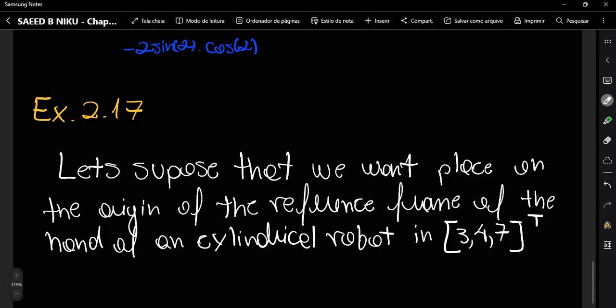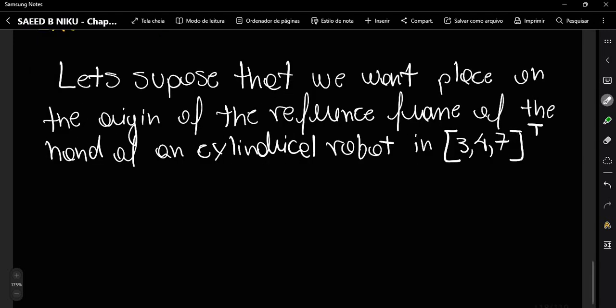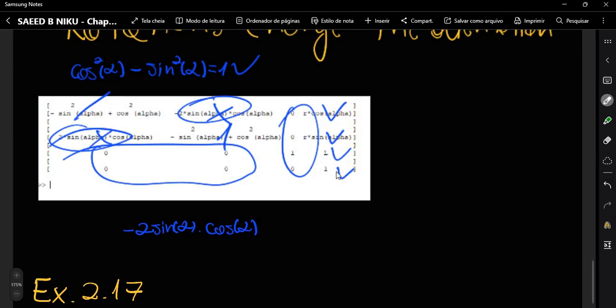So right here we can already use what we have learned on cylindrical coordinates part 3. These coordinates with this T, which means transposed.